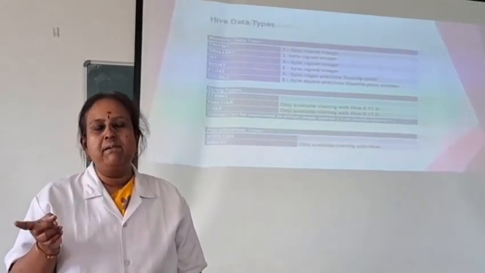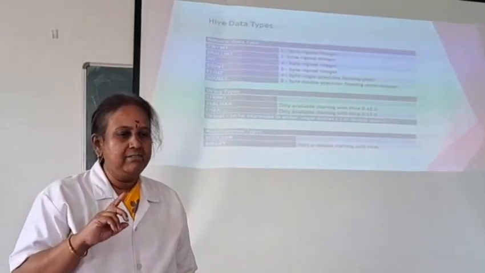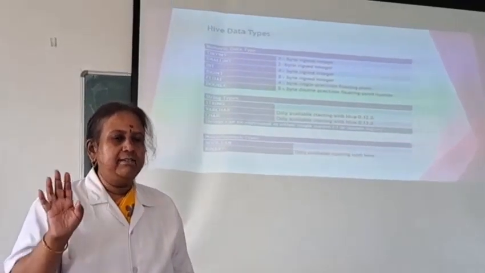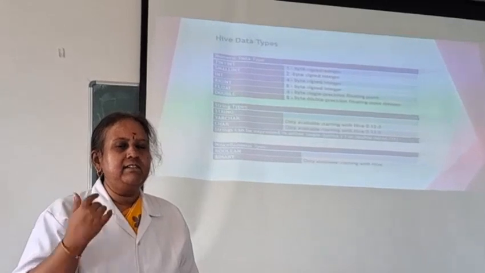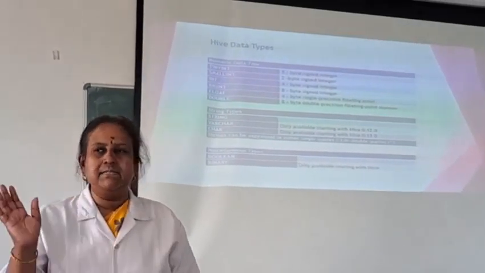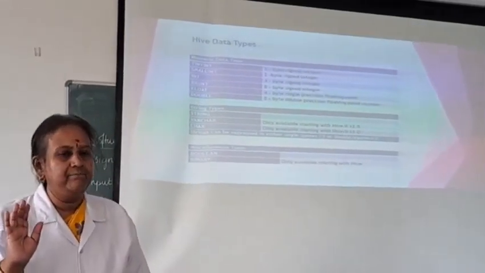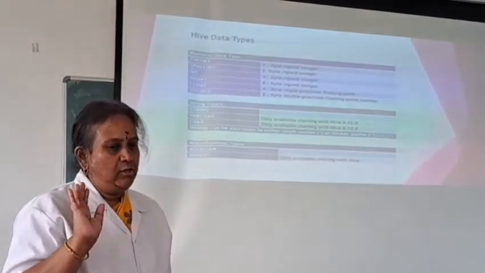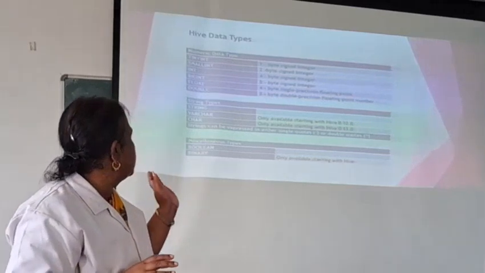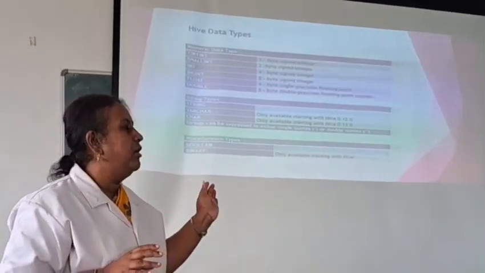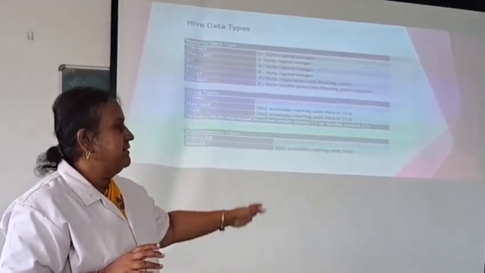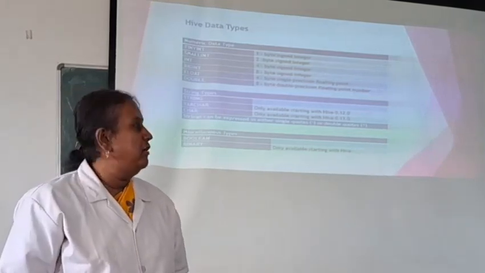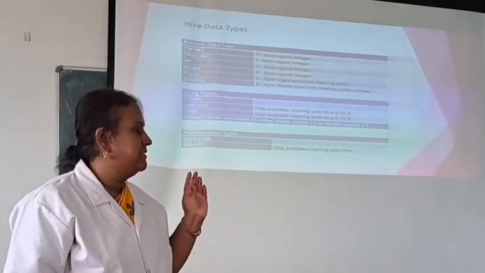Data, complex data. Here you have numeric data types separately, your string data separately, and you have miscellaneous types separately. Mainly, you have all your numeric data types, which can be a whole number or a float number, where it can be 8-byte or more than that.